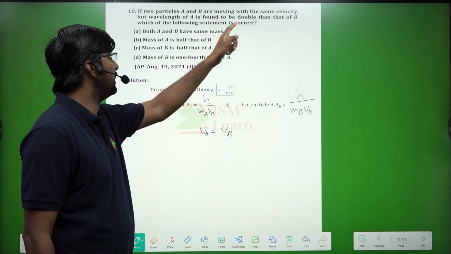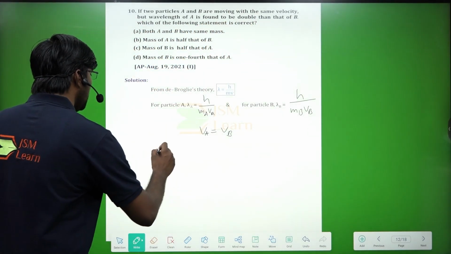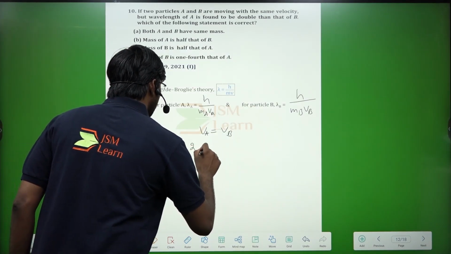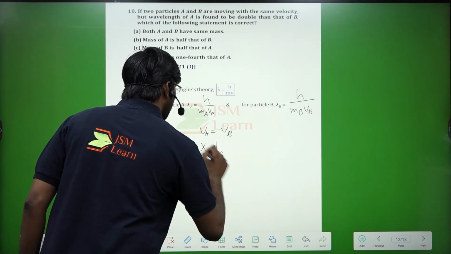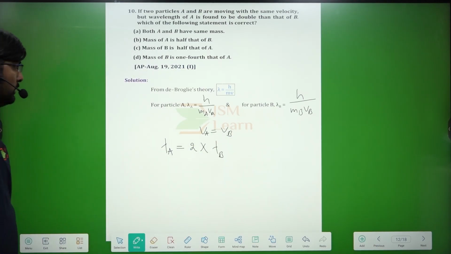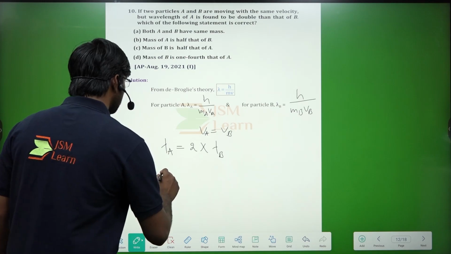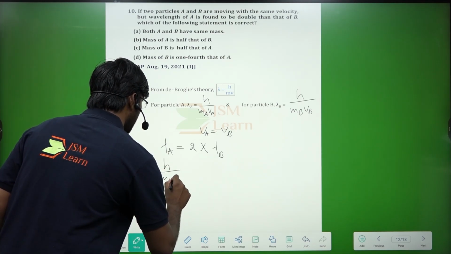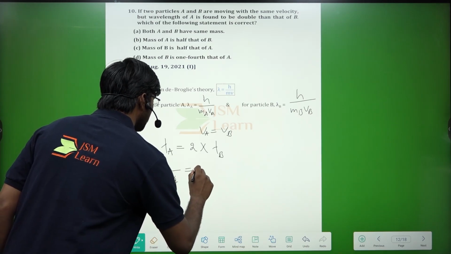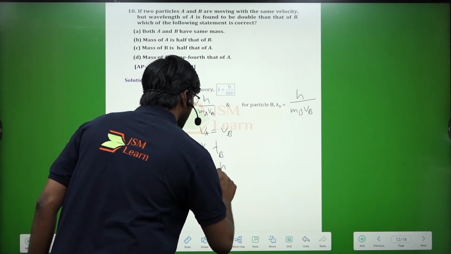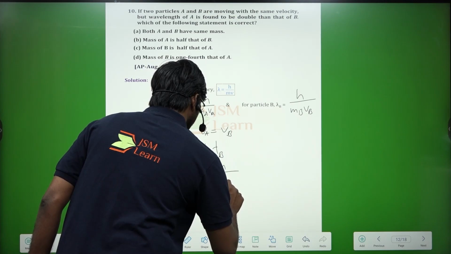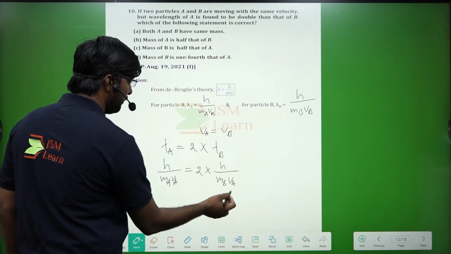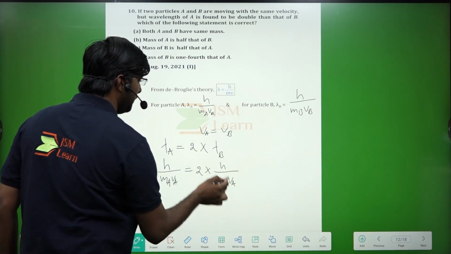Wavelength of A is double that of B, so lambda A equals 2 into wavelength of particle B. So if we substitute here, h by MA VA equals 2 into h by MB VA. Here VA equals VB, so I substituted VA in place of VB.